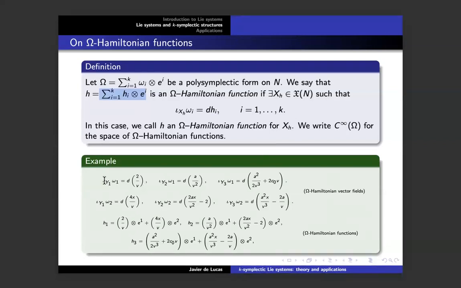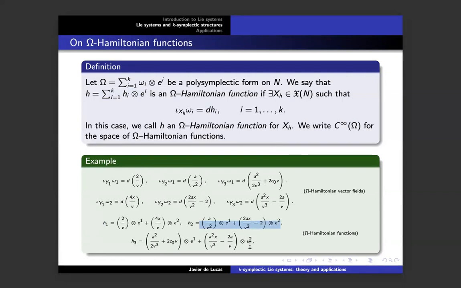So you see, in the example we had at the beginning, you have Y1, which with respect to omega 1 had this Hamiltonian function, and related to omega 2, it had this Hamiltonian function. So you pick up the first function as the first component, the second function as the second, and this h1 is an omega Hamiltonian function for Y1. Y2 is the same, we will have this thing. Y3 is the same, you will have this thing.